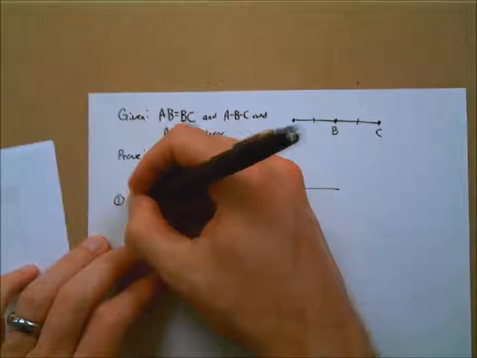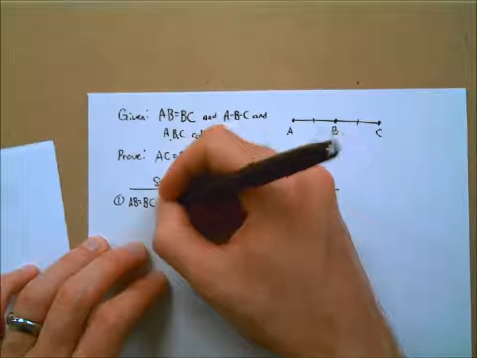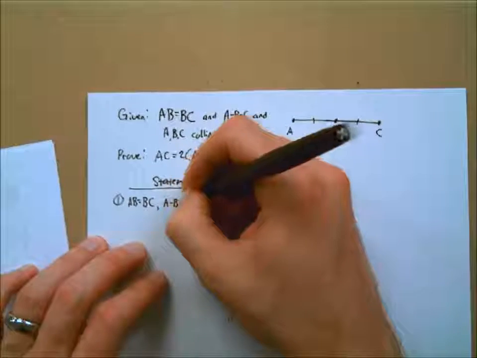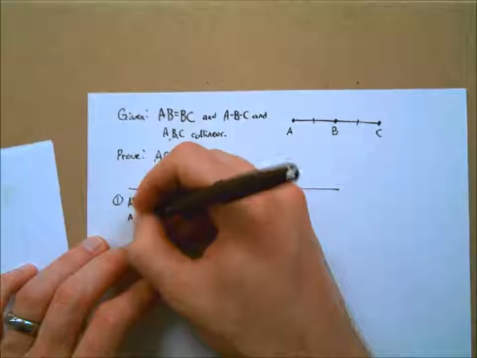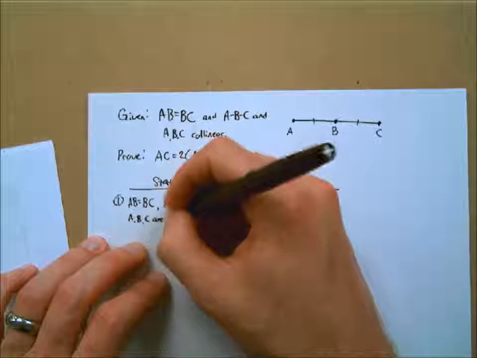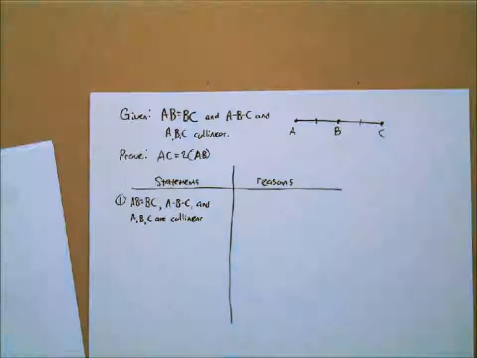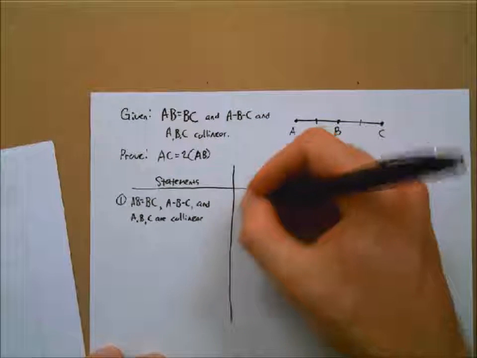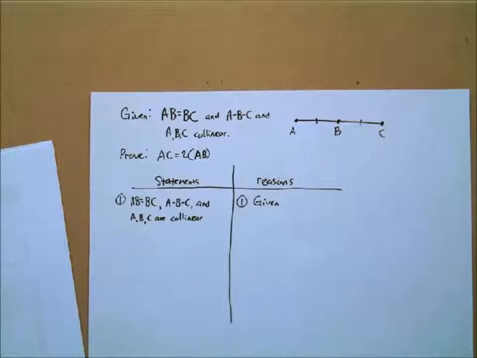So AB equals BC, A, B, C collinear, and then sometimes the given information is necessary to use in the proof, sometimes it is not. Okay? Sometimes you're given extra information that you don't need, but sometimes not. Okay.